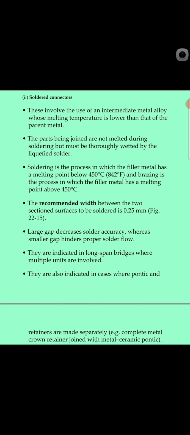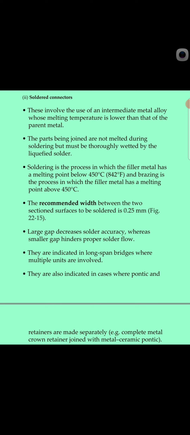And brazing is a process in which the filler metal has a melting point above 450 degrees centigrade. What is soldering and what is brazing? In brazing, the filler metal which flows between two metals has a melting point above 450 degrees centigrade, but in soldering it is below 450 degrees centigrade, also known as 842 Fahrenheit.